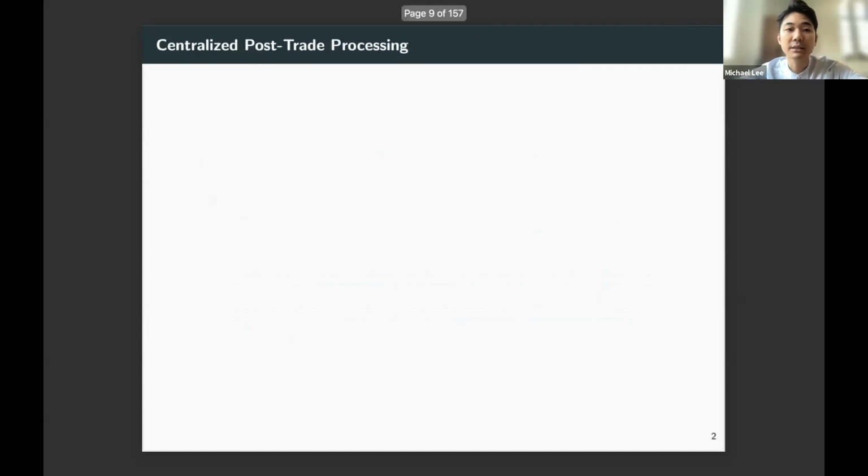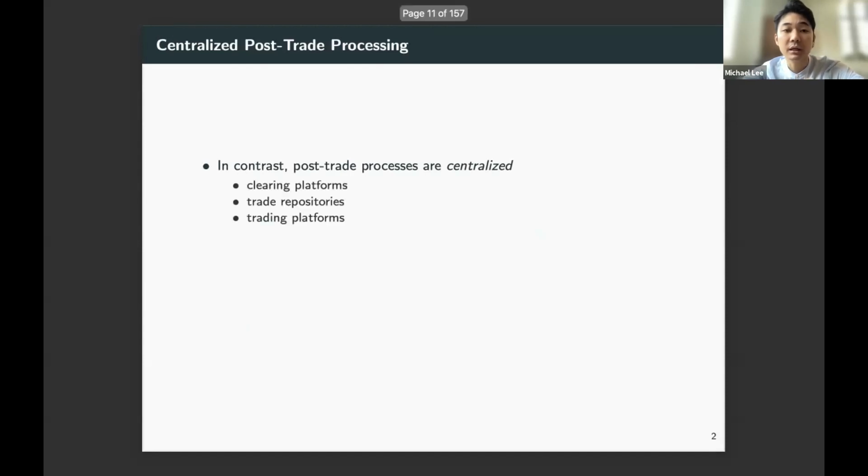Now, in contrast, we have seen over the last decade and more so centralization in post-trade processing. Post-trade processes are now typically centralized, and there are various different types of entities that provide centralized services. We have clearing platforms, trade repositories, and even trading platforms, all providing a very centralized service on behalf of OTC markets.